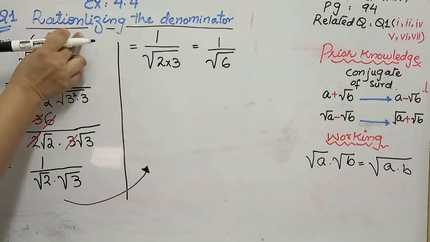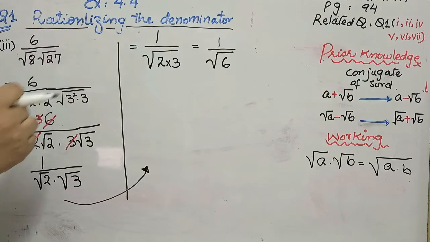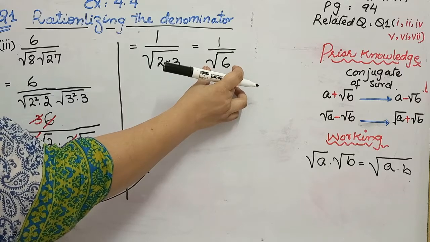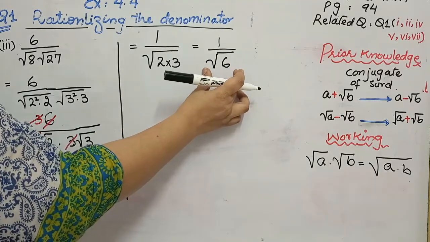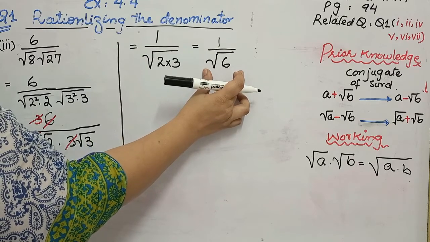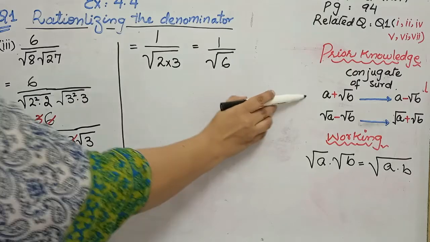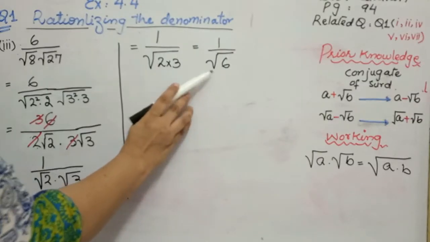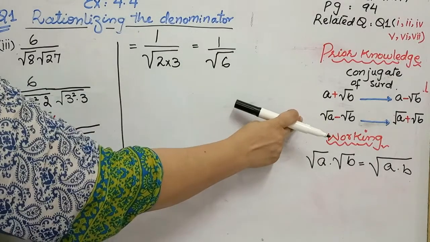It means that rationalization is the process of eliminating the radical sign. Here in the denominator there is a radical sign, so we are going to eliminate the denominator's radical sign. For that we need to take a conjugate, but only if there is a binomial term.